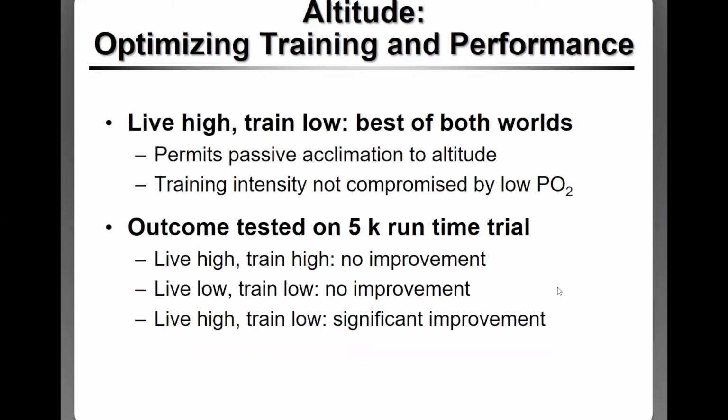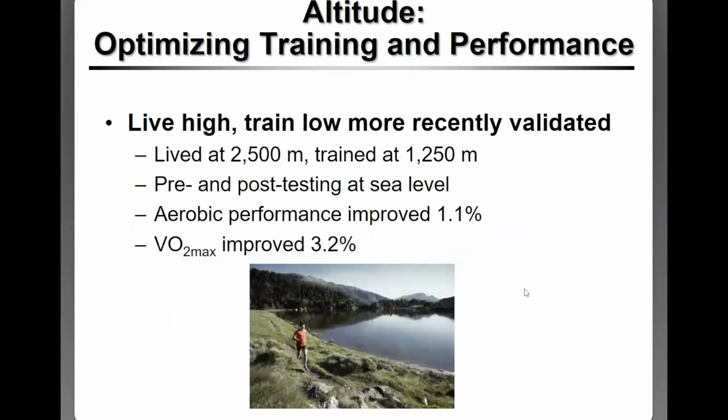So if you train high and live low, you'll get the best of both worlds, meaning you can train at sea level at maximal exertion, but at night, maybe sleep in an artificial chamber that provides hypoxic conditions. So you would reap the benefits of low oxygen partial pressures in the air. There was a study that tested athletes on a 5K run, and they showed that living high and training low had significant improvements on their 5K run time trial.